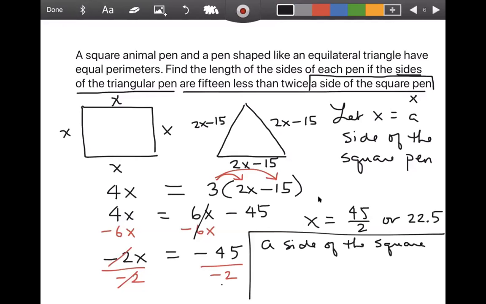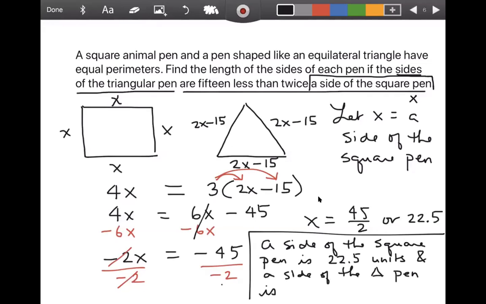Interestingly, they did not give me the units for this problem. I don't know if this is feet or miles or centimeters or what. So I'll just write units. And a side of the triangle, I'm going to just draw a little triangle there because I'm running out of room, is, what would that be? 22.5 was x.